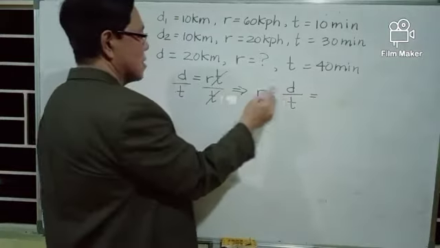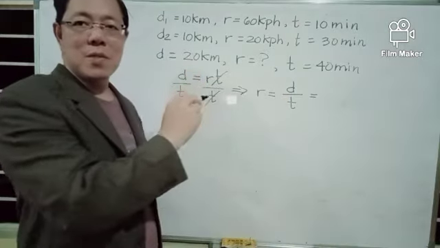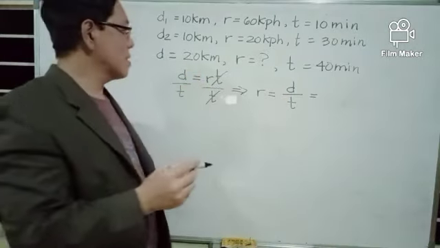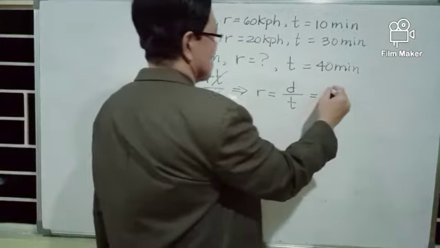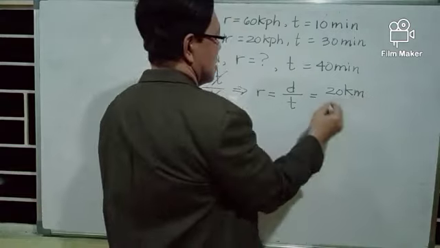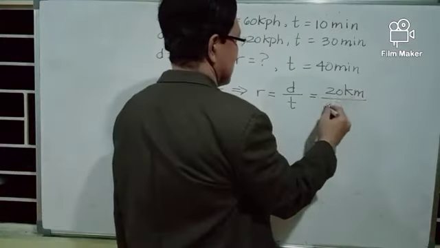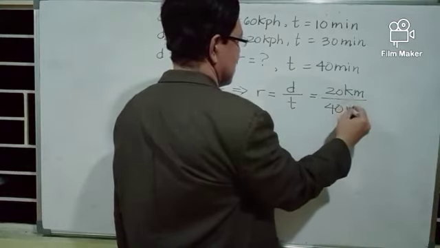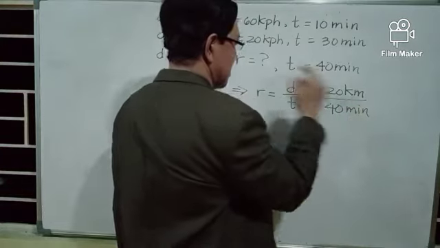And the total distance traveled by the man is 20 kilometers divided by 40 minutes.